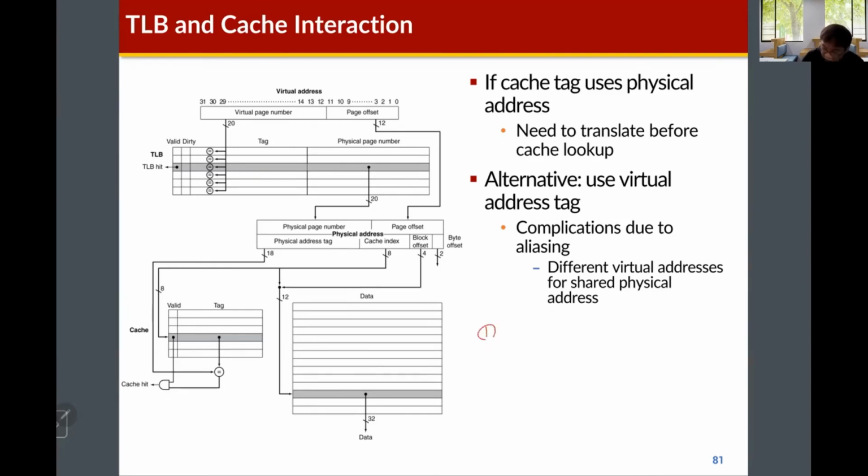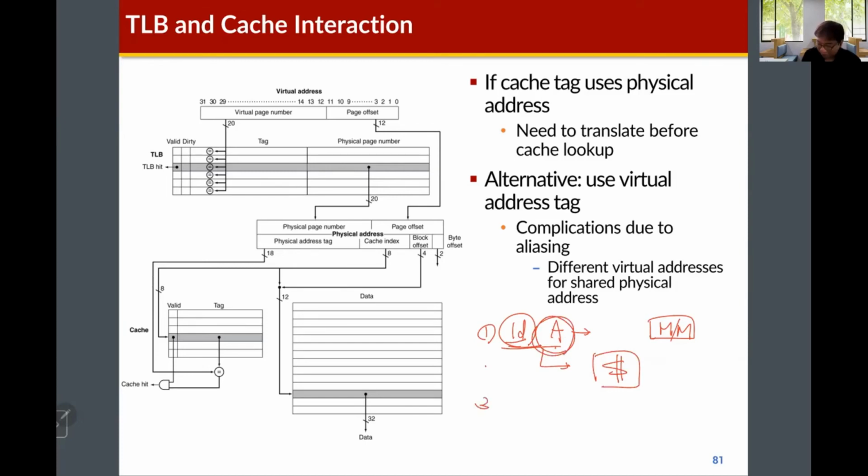First, in chapter 2 or chapter 4, we assumed that when the load instruction is executed, load A, where this is the address, then we can access the main memory with this load instruction. And then in chapter 5, we learned about the memory hierarchy. Then we learned that this load instruction accesses the cache, not main memory, with this address, okay?